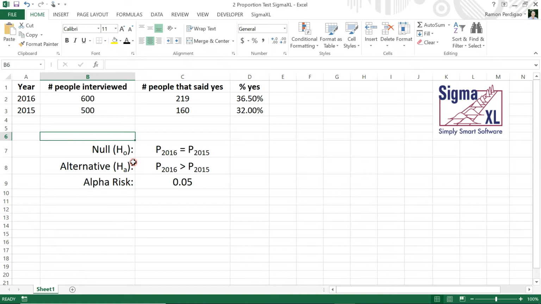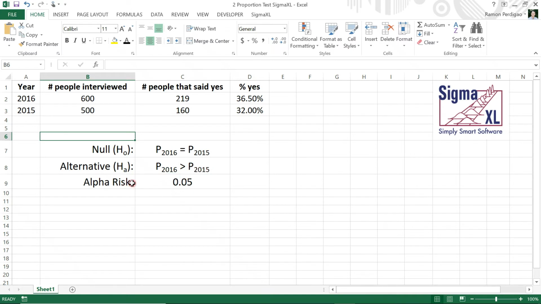So basically we're saying that the proportion of yeses in 2016 is the same as the proportion of yeses in 2015, no change. The alternative hypothesis says, or at least the claim says, that the proportion of yeses in 2016 has actually increased, is greater than the proportion of yeses in 2015.